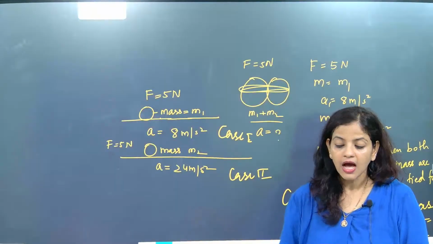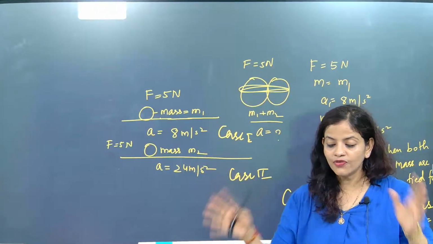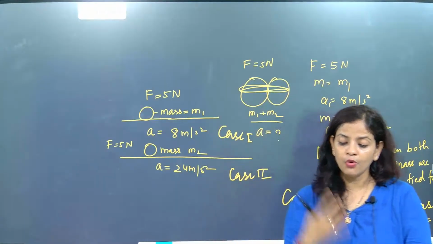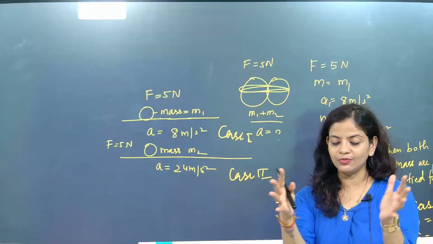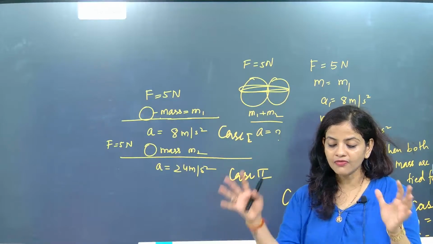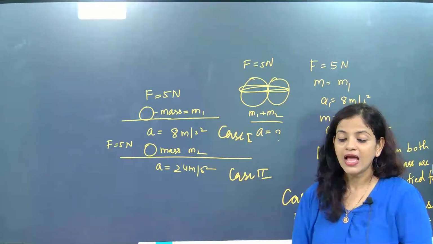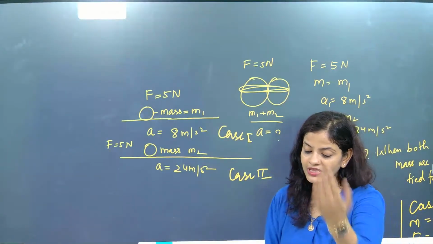Now what will we do? We will find the mass of both the book and the laptop, so we will find first the mass of book and laptop and we will tie them together. Okay, the force is still 5 newton after fixing them together. We are applying a force of 5 newton and then we are checking what will be the acceleration.